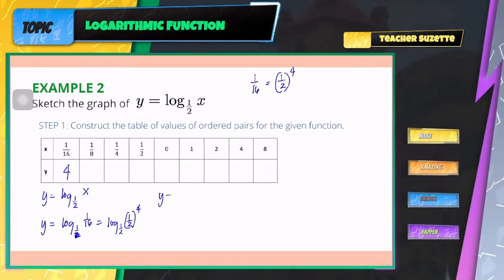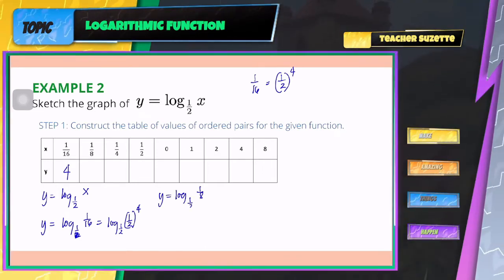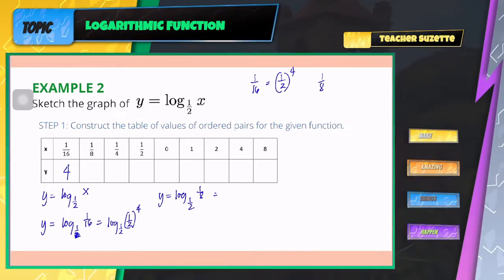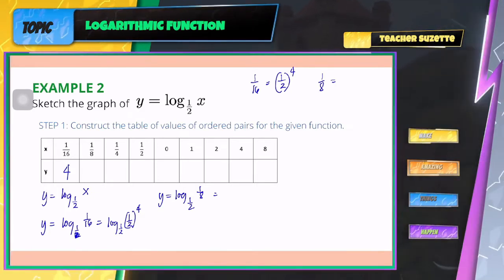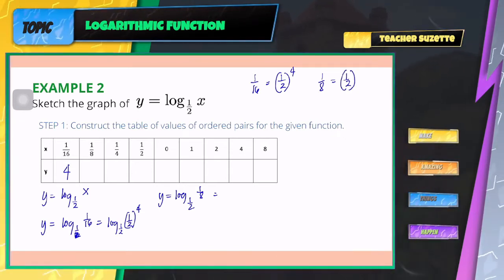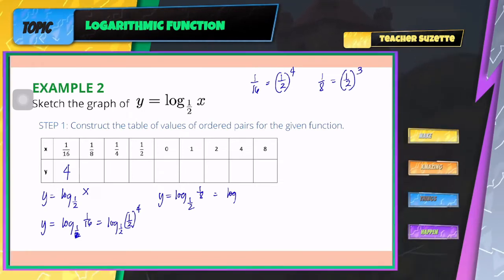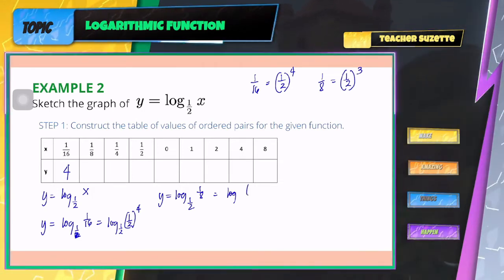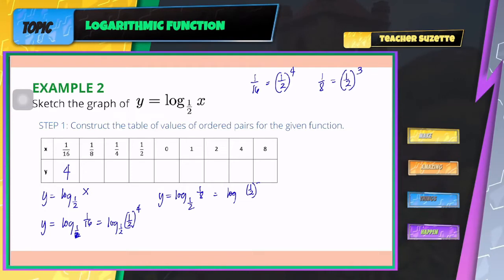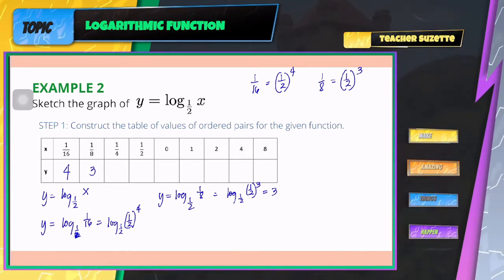Next, we have y equals the logarithm of 1 over 8 base 1/2. Again, 1 over 8, express natin siya with base 1/2. So we will have an exponent which is 3. So we can write this as the logarithm of 1/2 raised to 3 base 1/2, which is equal to positive 3.